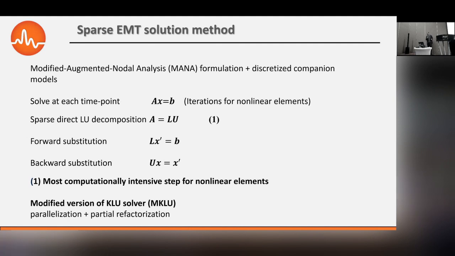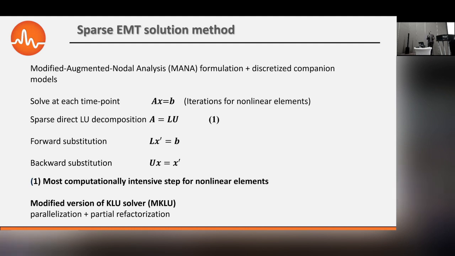So here is a recap of which part of the EMT solution takes time. Basically, when you have a network in EMT, you do some discretization, and at each time step you have to solve a linear system, iteratively, because you have to update this linear system according to the setting point of non-linear devices.